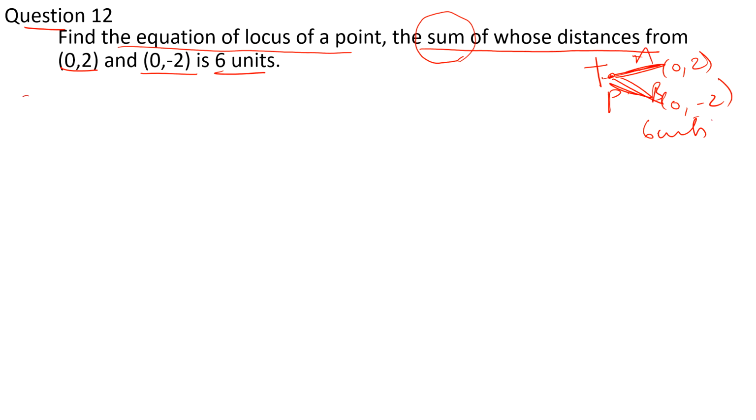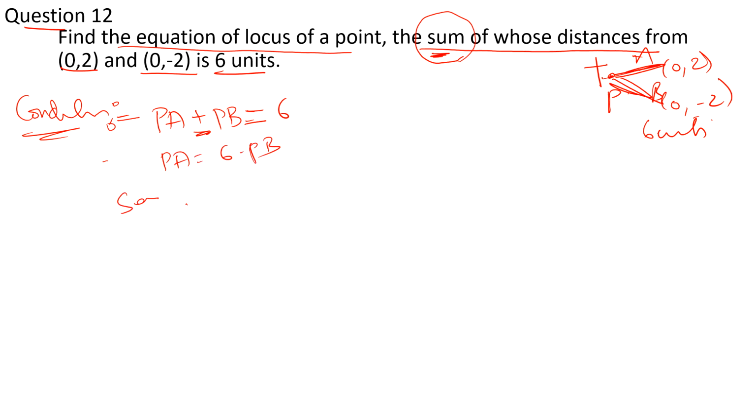The condition here is PA plus PB is equals to 6, because we are not taking any modulus, since we are taking addition only. Just take PA is equals to 6 minus PB and perform squaring on both sides. You get PA square is equals to (6 minus PB) whole square.